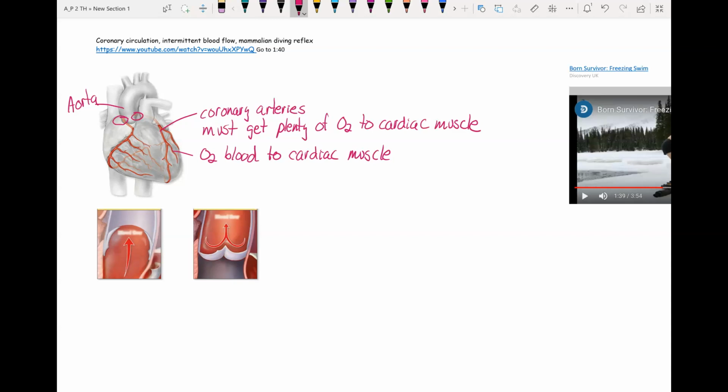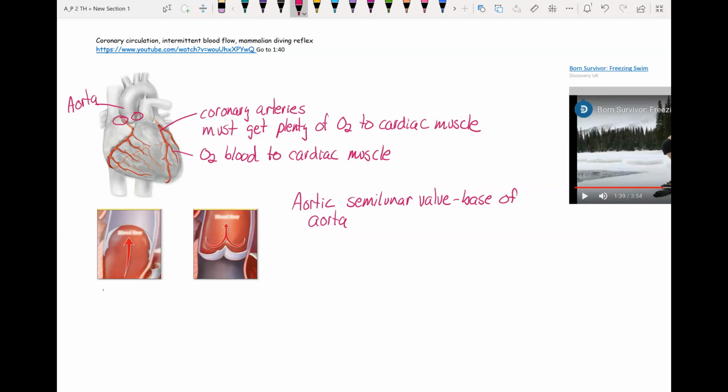You also know about the valves. You have valves controlling the flow of blood. Where the aorta attaches to the left ventricle, you have the aortic semilunar valve. So this is in the base of the aorta. Every time the ventricle pumps, this valve opens.